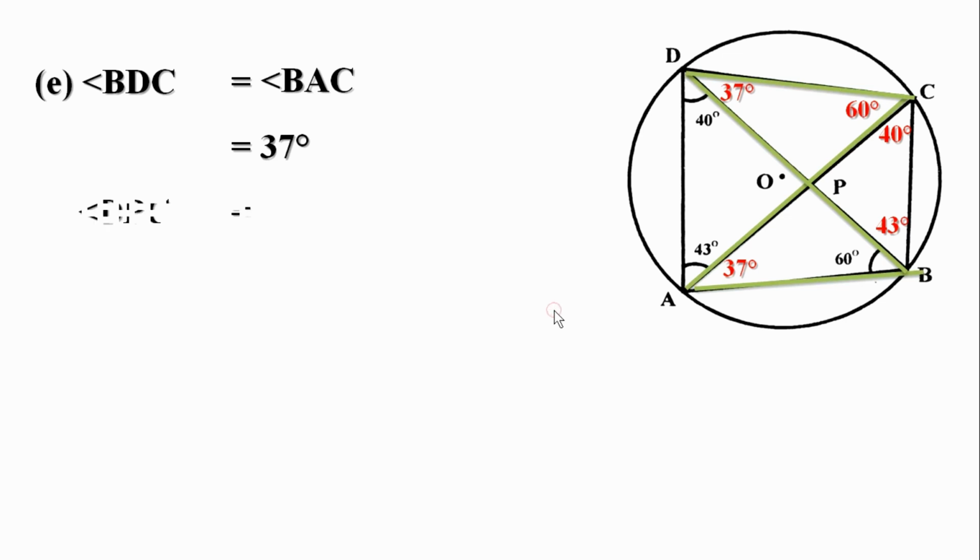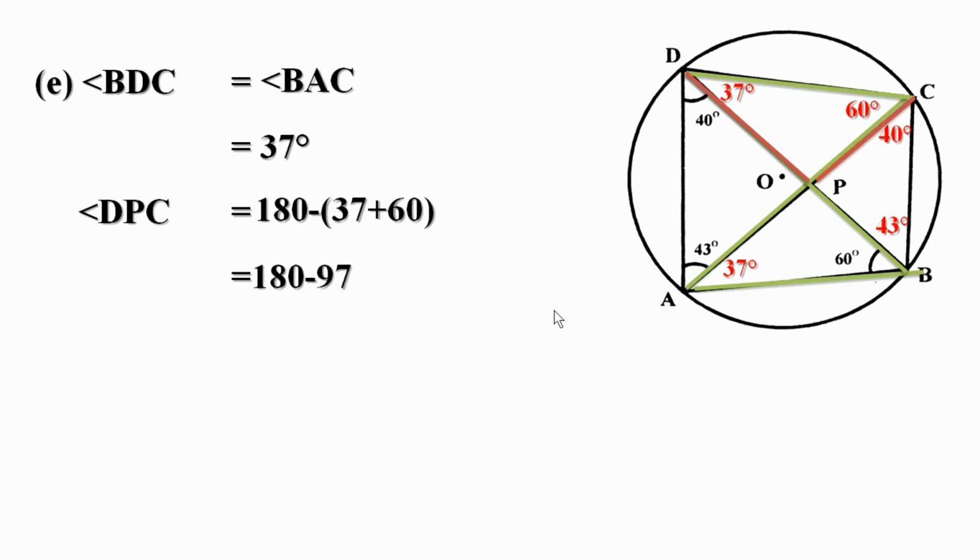So in order to find the angle DPC, let us subtract the sum of 37 and 60 from the total 180. So that is equal to 180 minus 97 degree, or that is equal to 83 degrees.